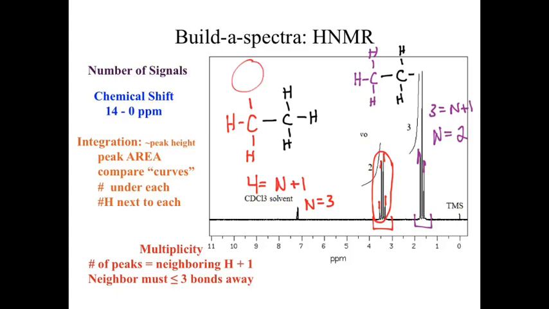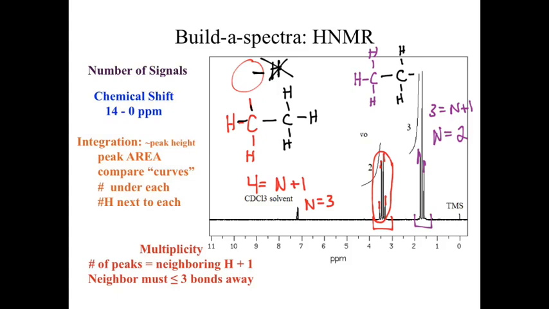That position does not have hydrogens. Whatever's attached out there can't have hydrogens attached to it. Otherwise, they would be within my 3 bond rule. So I can't have hydrogen out there. Which I know isn't a whole lot, but that is something. I know I can't have this.